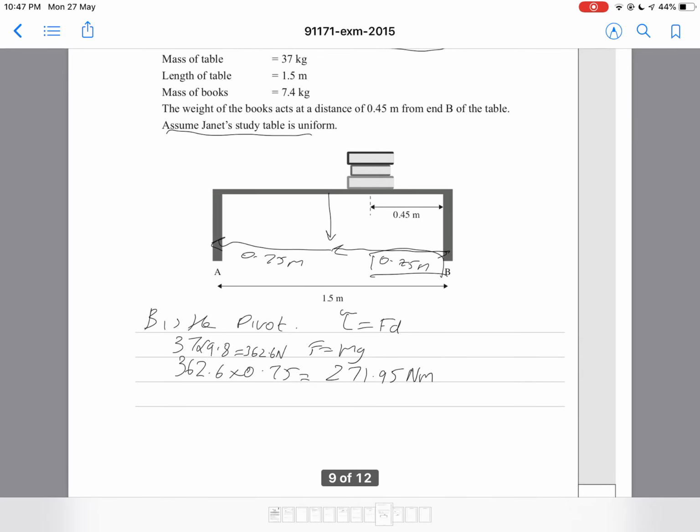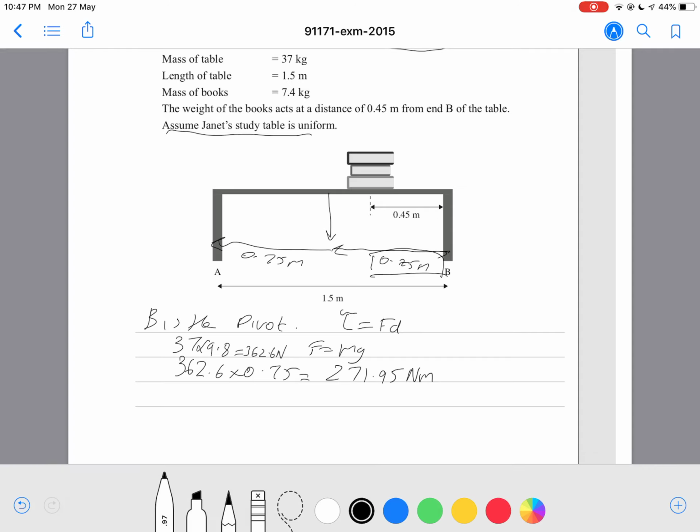But we still need to find the torque of the books. The mass of the books is 7.4 kilograms. So we're going to say 7.4 times 9.8 equals the force. That should give us 72.52 newtons.